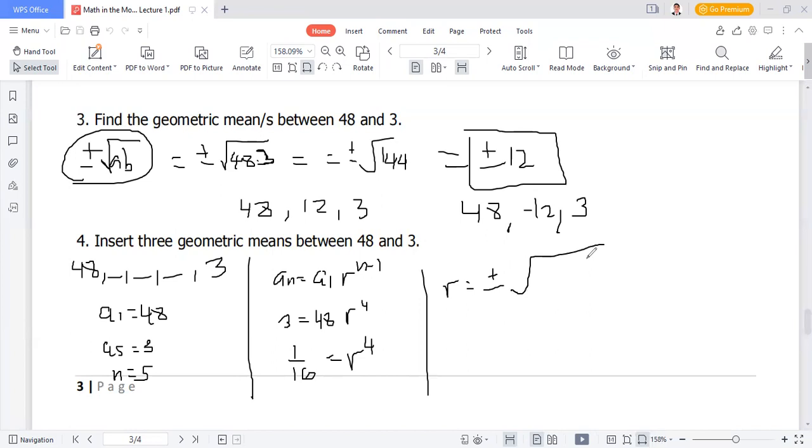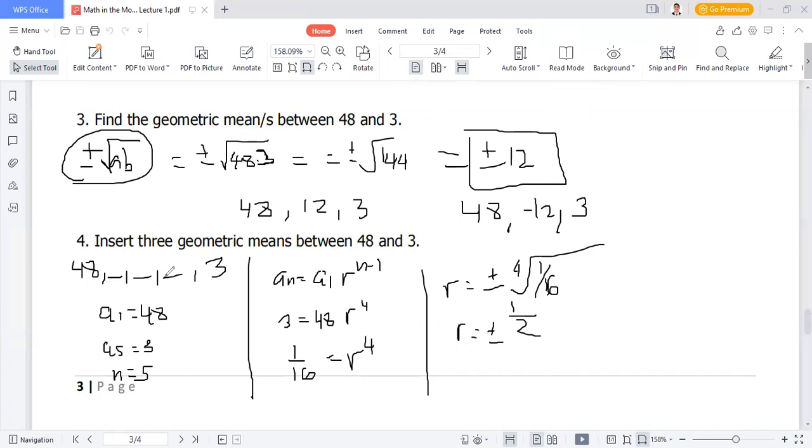Fourth root of 1 over 16. Okay? And then r is positive negative 1 half pala. 1 over 16 kasi yan. So nakuha na natin yung r.